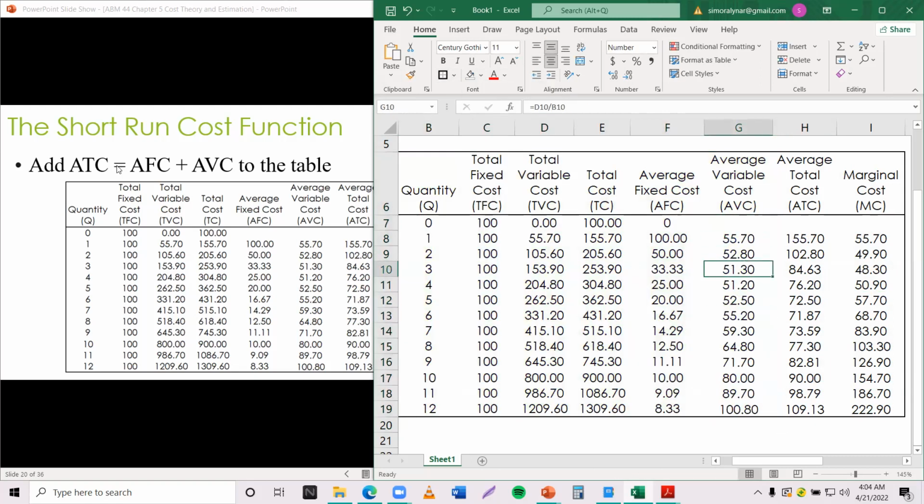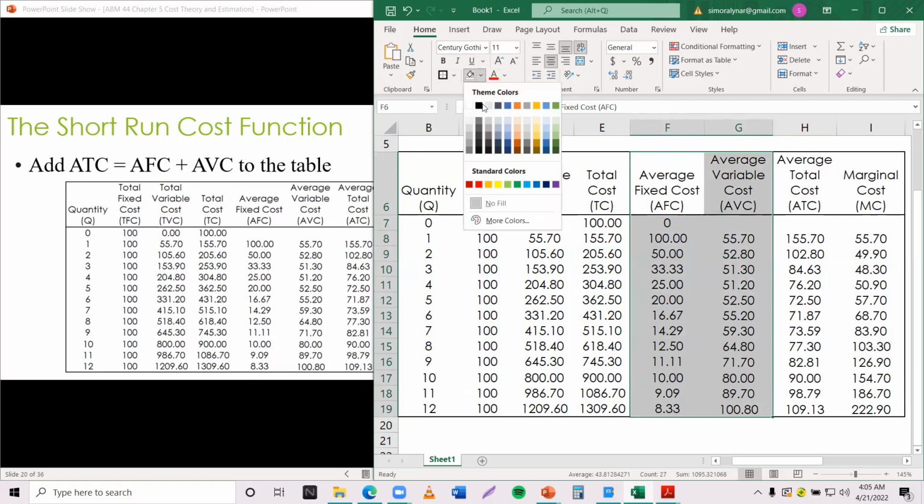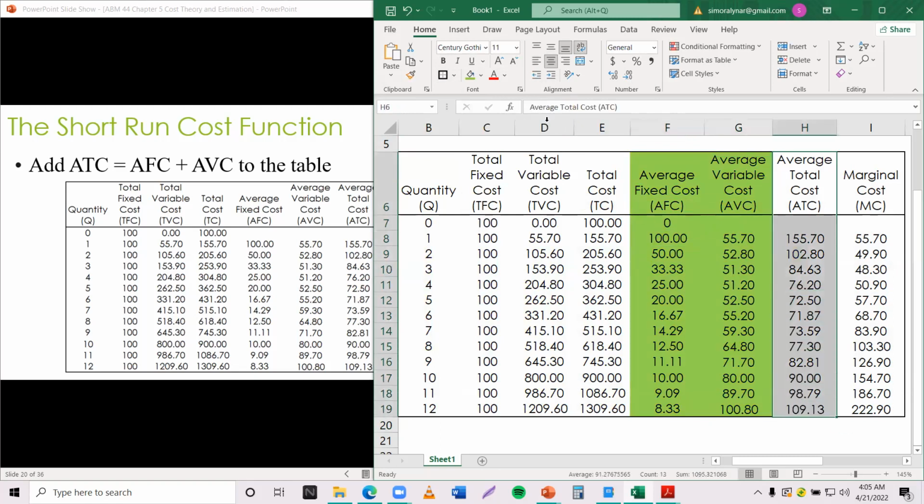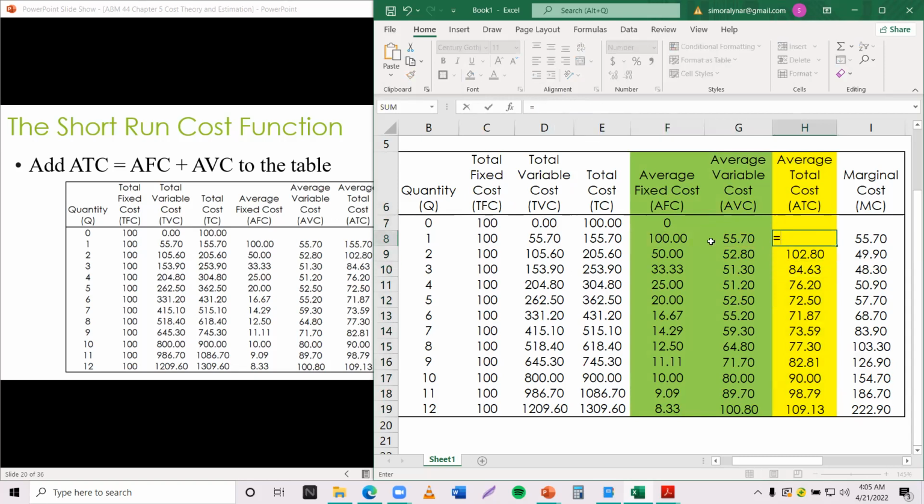So, how about the average total cost? So, from the word itself, you just need to add this two. Okay? You just need to add this two to get the average total cost. So, as simple as that, equals to AFC plus AVC. So, that is 155 and so on and so forth.